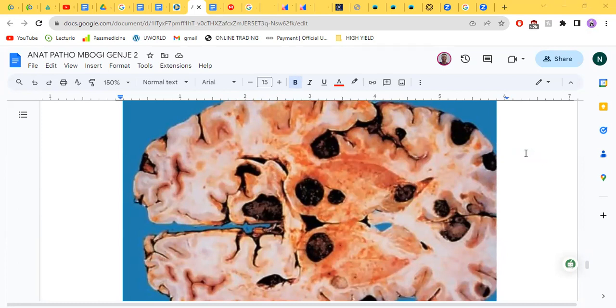What is a plausible diagnosis for this? Pilocytic, global cerebral ischemia. Now, these lesions, are they well circumscribed or poorly circumscribed? I'll say well, and also I'll say they are multiple.